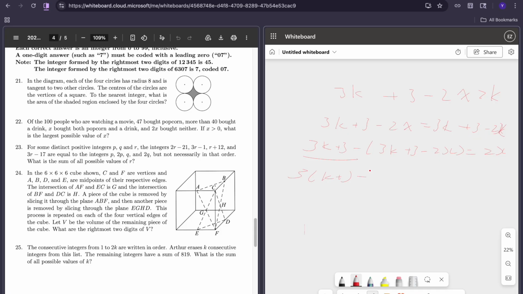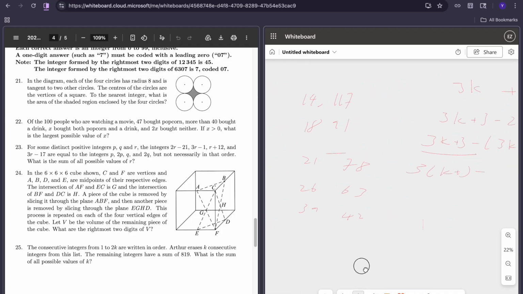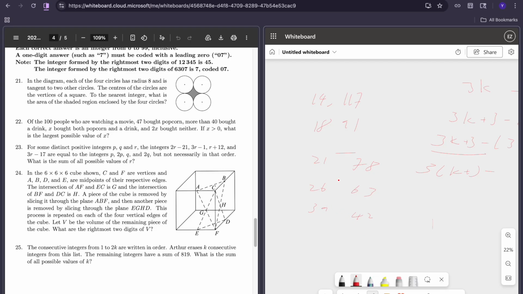So this means if we triple the smaller number and plus 3, it should exceed the original bigger number. And by observing all of these numbers we listed, we can see the only two that apply are these two.